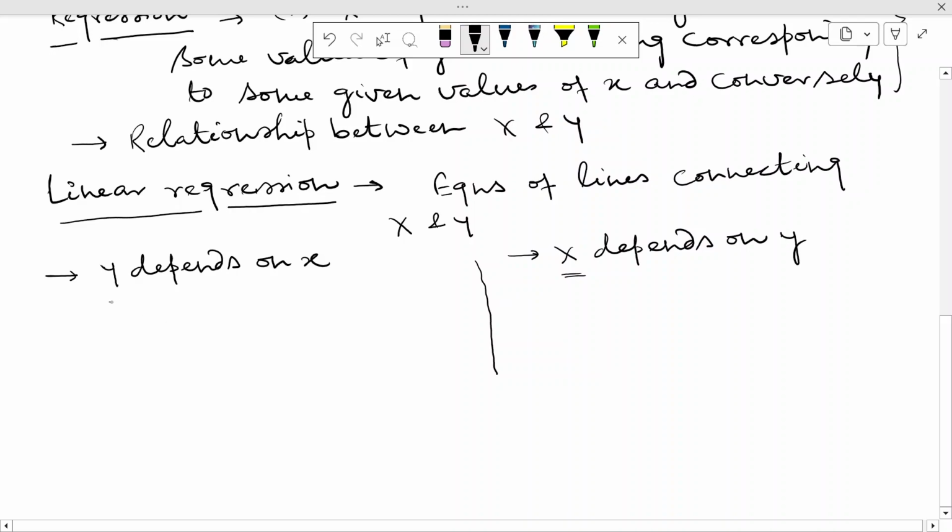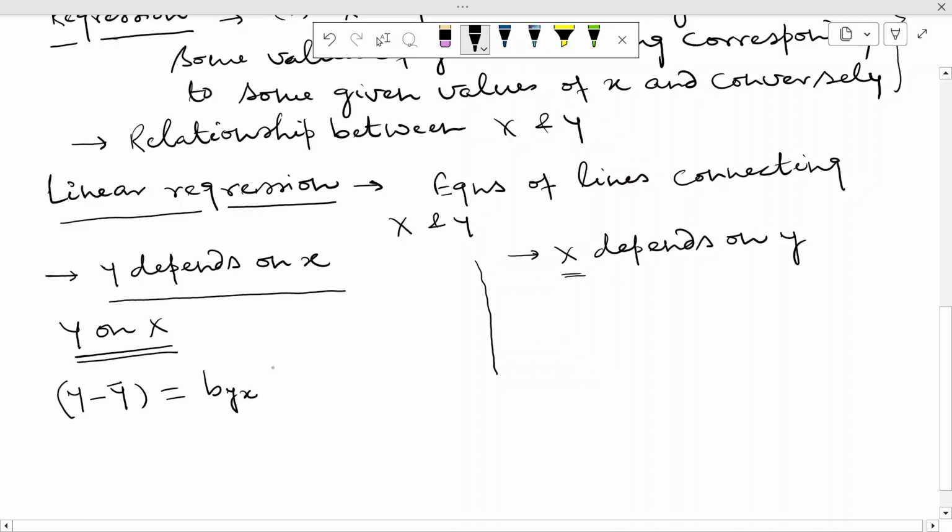For the first case, we have a line known as y on x, means you are assuming that y depends for its values on the variable x, and the equation is y minus y bar equals byx times x minus x bar.